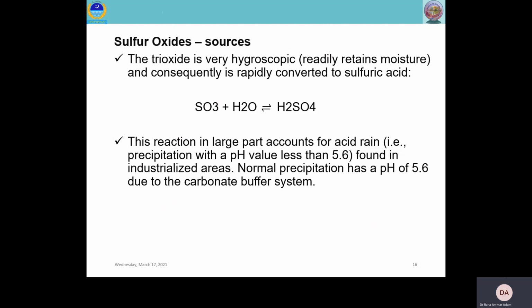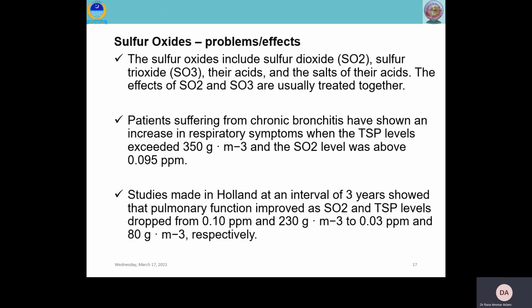That is a phenomenon mostly observed in industrial areas. If we talk about oxides of sulfur, it can be sulfur dioxide, trioxide, their acids, and salts of their acids. So the effects of SO2 and SO3 are also treated together.